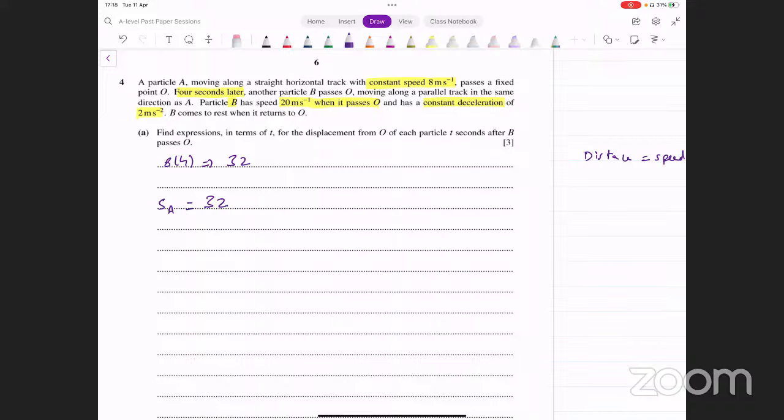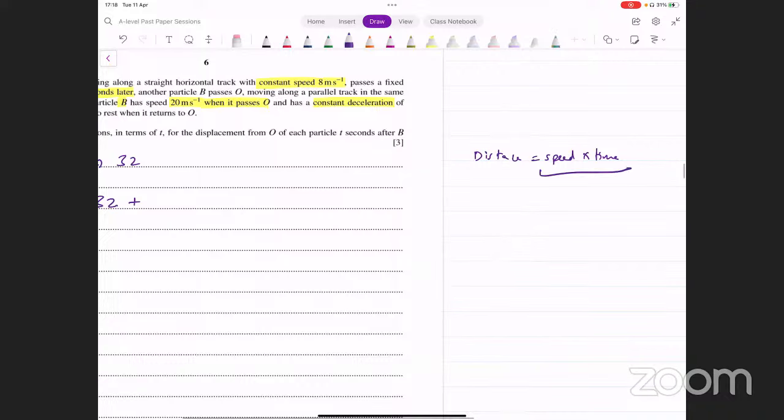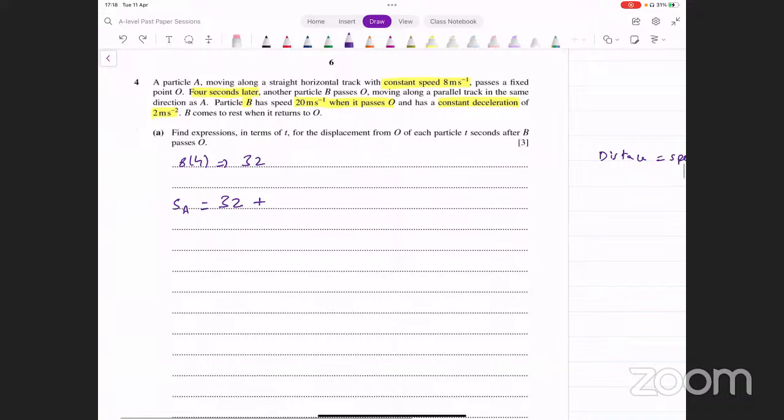Okay, now you have to add how much more it will travel every second after B passes the point O. You can just use this formula for that, distance equals speed into time. What is your speed? 8 meters per second. How much time? T. So you can say it's 32 plus 8 times T. For instance, if you input time equals 0 here, you get 32 at time equals 0.